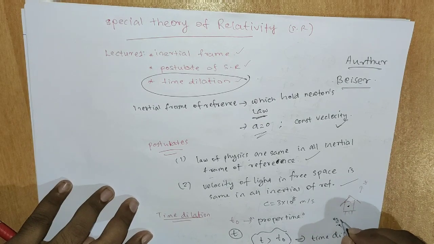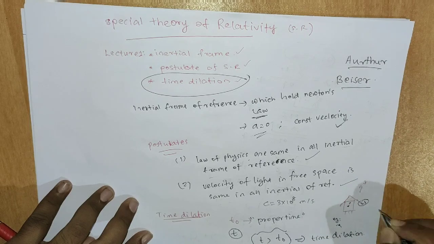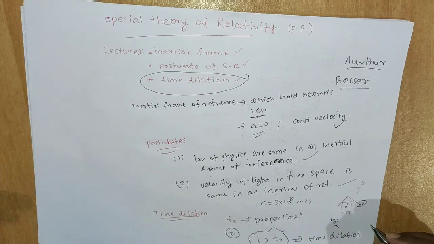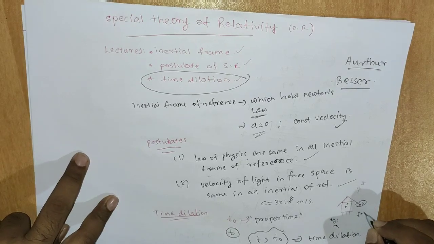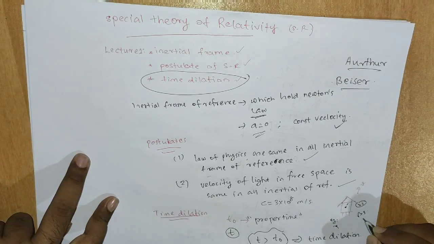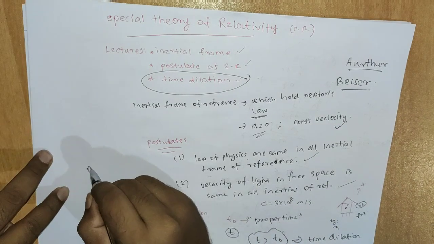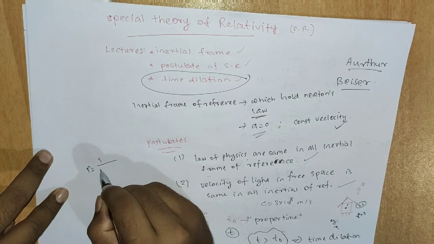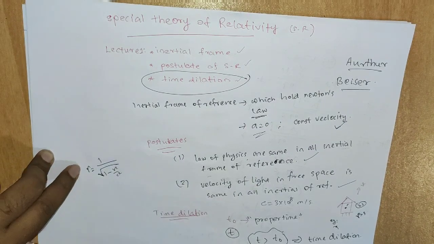Suppose, for example, the time interval here is 3 seconds, then it will be some 4 or 5, I don't know exactly, the exact value will be gamma into 3. Well, what is gamma? Gamma is 1 by root of 1 minus v square by c square.